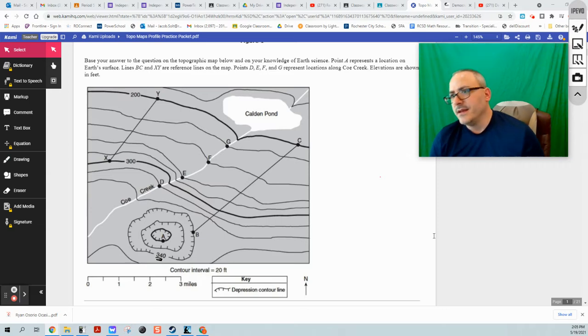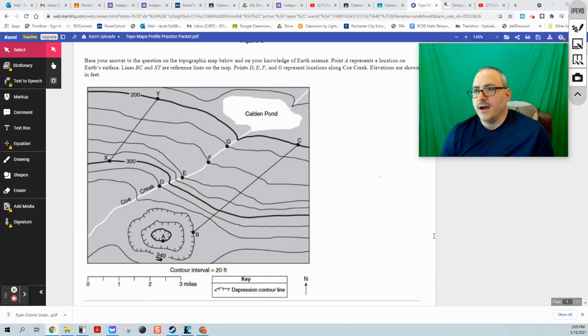All right. So here we have, base your answer to the question on the topographic map below and on your knowledge of Earth science. Point A represents a location on the Earth's surface. Where's point A? Oh yeah, right there. Lines B, C, and X, Y are reference lines on the map.